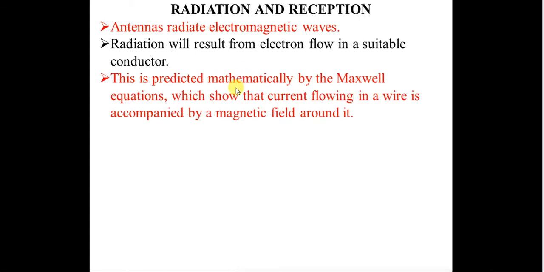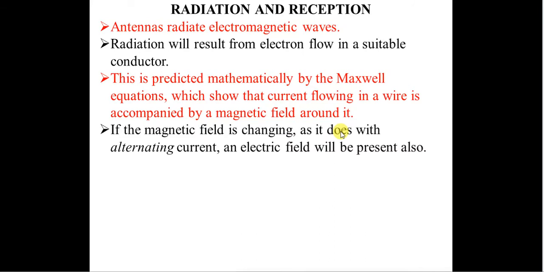This is predicted mathematically by Maxwell's equations, in which it is shown that the current flowing in a wire is accompanied by a magnetic field around it. If the magnetic field is changing, as it does with alternating current, an electric field will also be present.